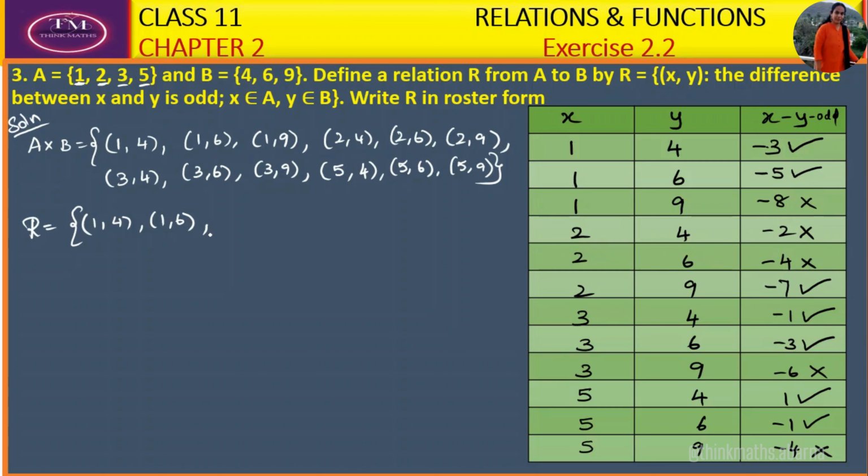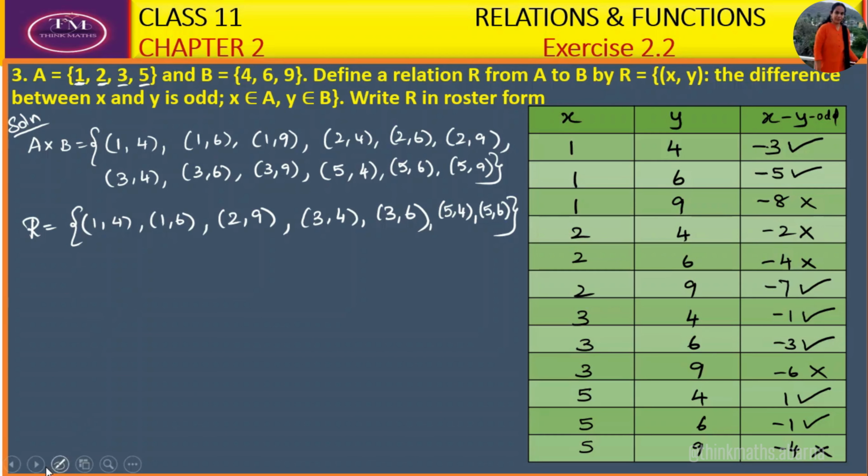So 2 comma 9. Next 3 comma 4, 3 comma 6. 3 comma 9 will not come. 5 comma 4, 5 comma 6. So now this is the relation in roster form. Okay children, understood? Is it clear?